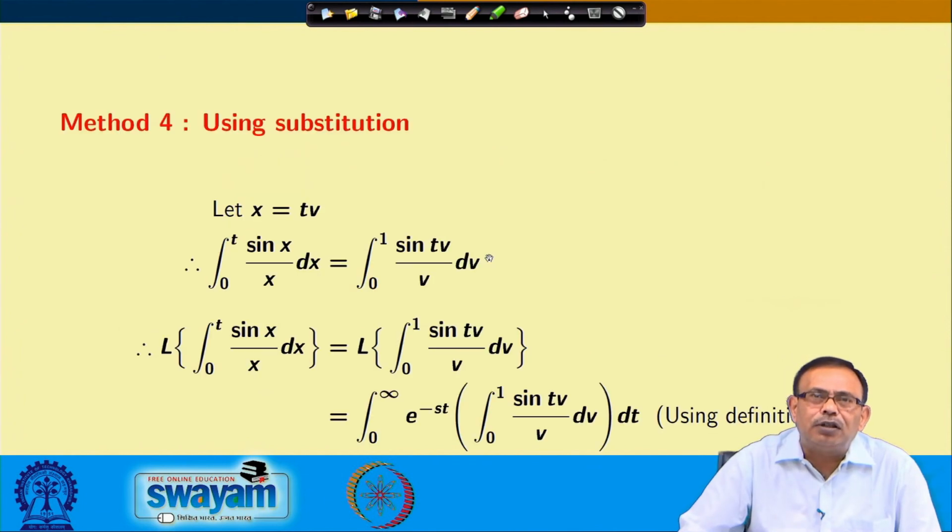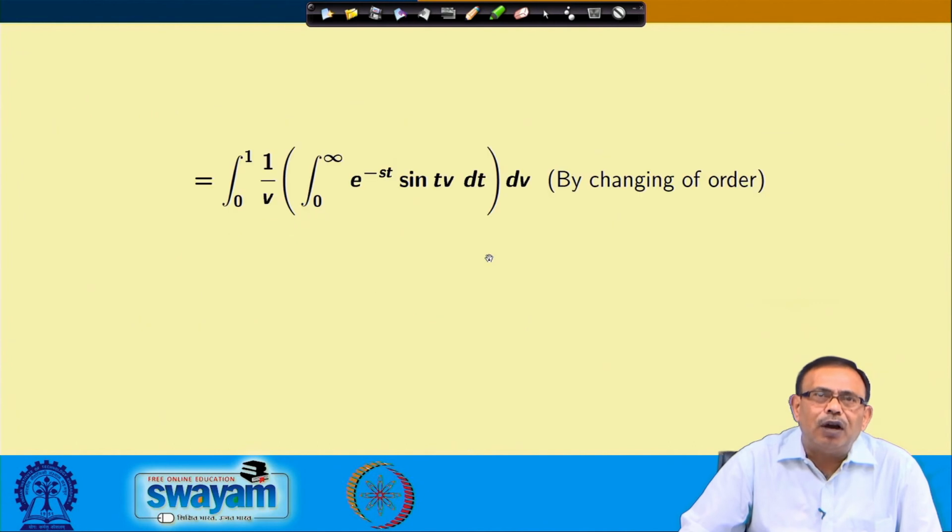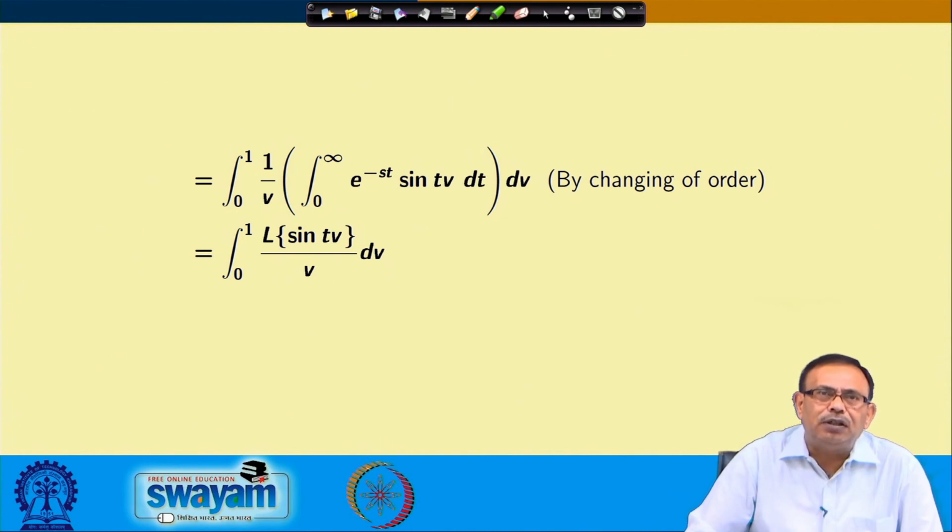In the earlier case it was dv dt; now I am changing the order, so it has now become dt into dv. This equals integral 0 to 1 of the Laplace transform of sin(t v) by v, because integral 0 to infinity e power minus s t sin(t v) dt is nothing but the Laplace transform.